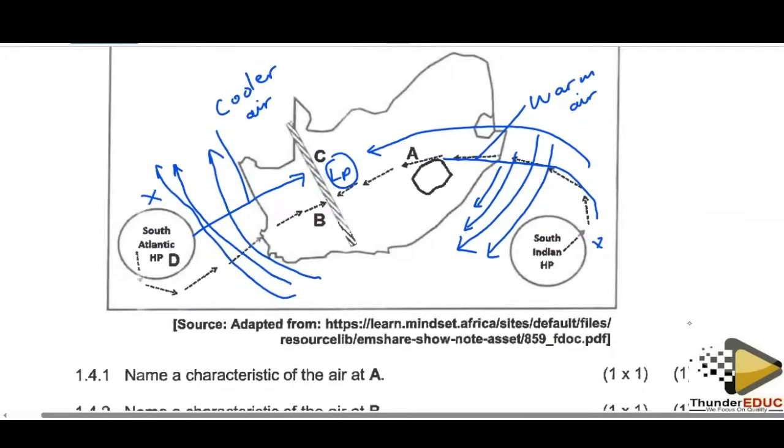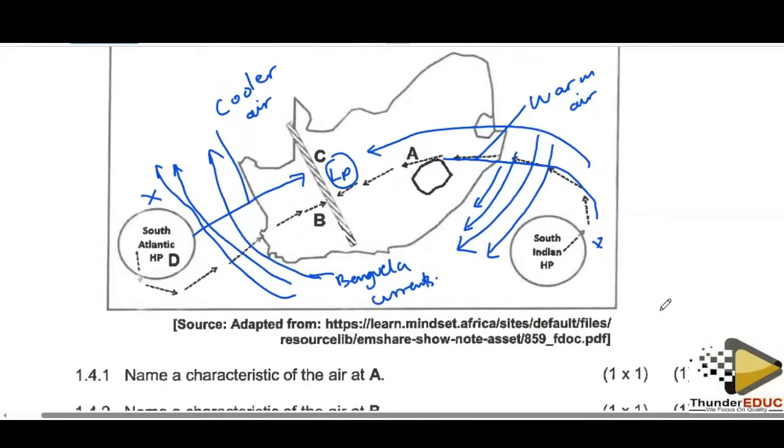It is cold or cooler as a result of the Benguela currents. Okay, so for now, that's what we need to learn about that.